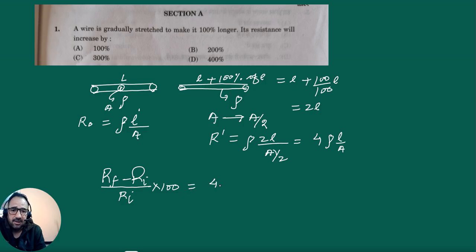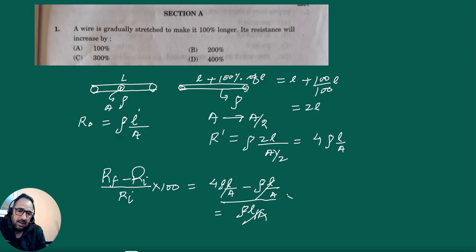Final resistance you are getting 4 rho L upon A, minus initial rho L upon A, divided by rho L upon A. All will cancel out, into 100. You are getting 4 minus 1 upon 1 into 100. That will come 3 into 100, 300%.